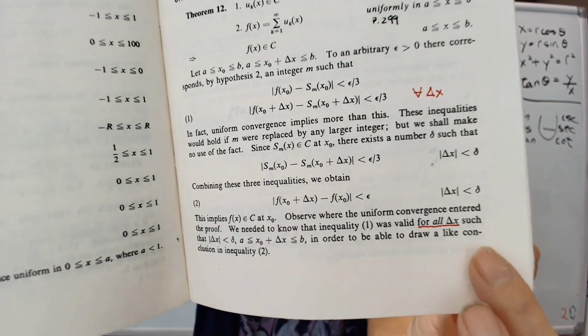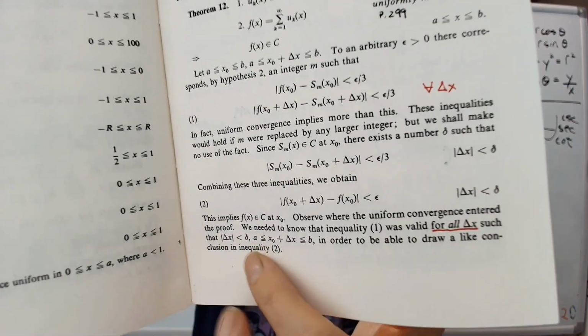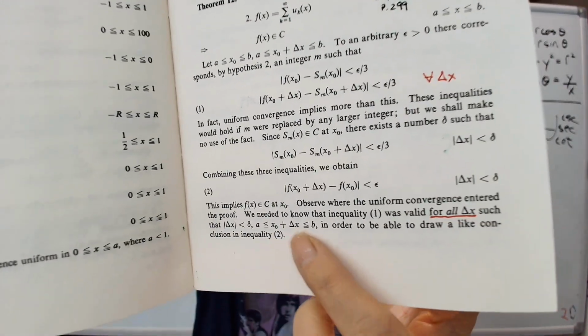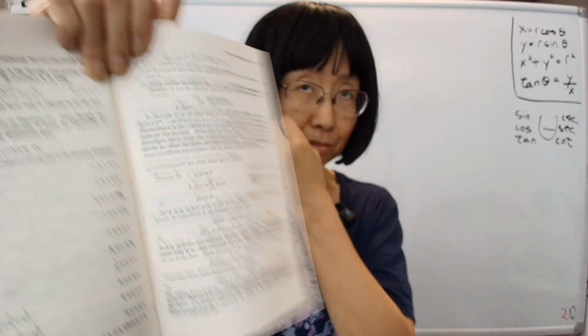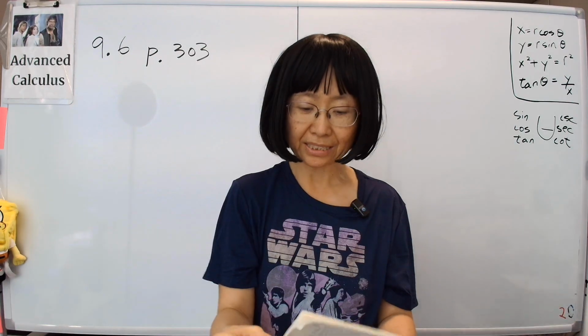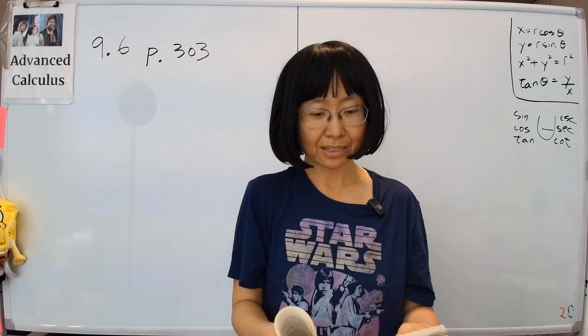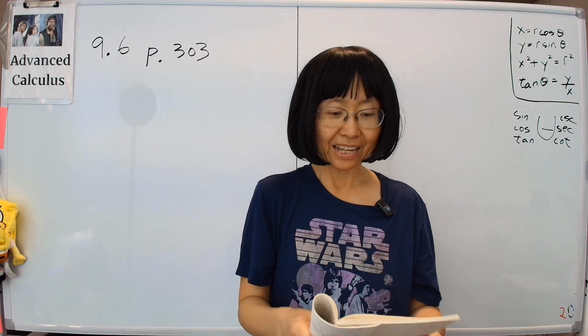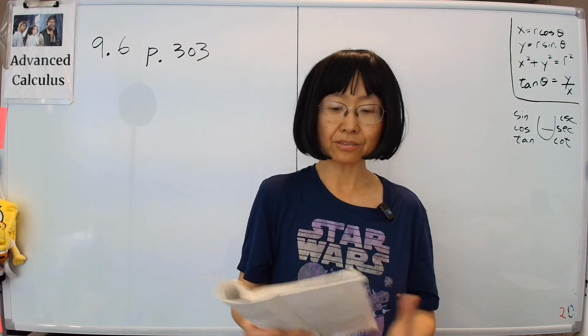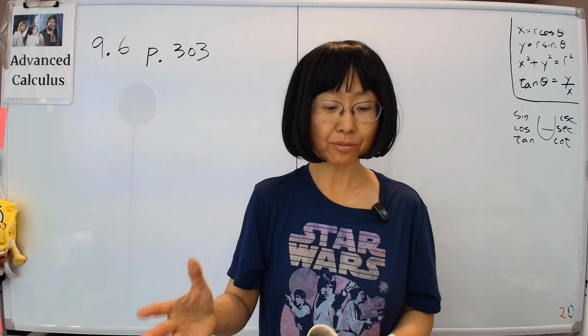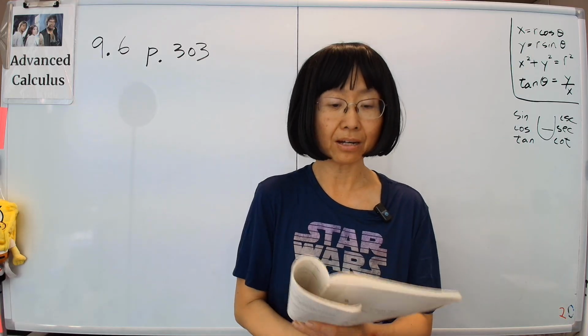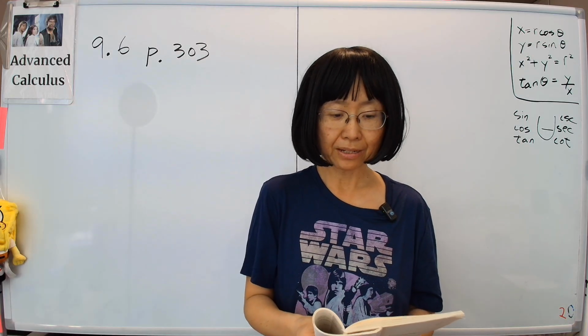And it works for all delta x such that delta x is less than delta, and of course it is within range because we don't care about being out of range. So that is how this theorem is proved somewhat nicely. Basically it just used the triangular inequality and leaned heavily on the fact that it is uniformly convergent.